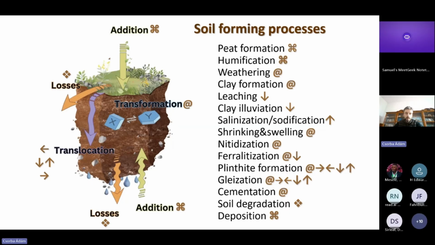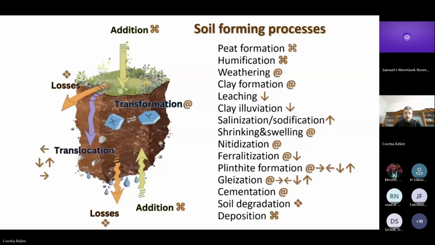Clay illuviation and so-called podzolization are mainly translocation processes because materials are moved from one horizon to another within the profile. Salinization and solidification usually involve upward water movement and accumulation of salts, so they are translocations or addition-like accumulations.